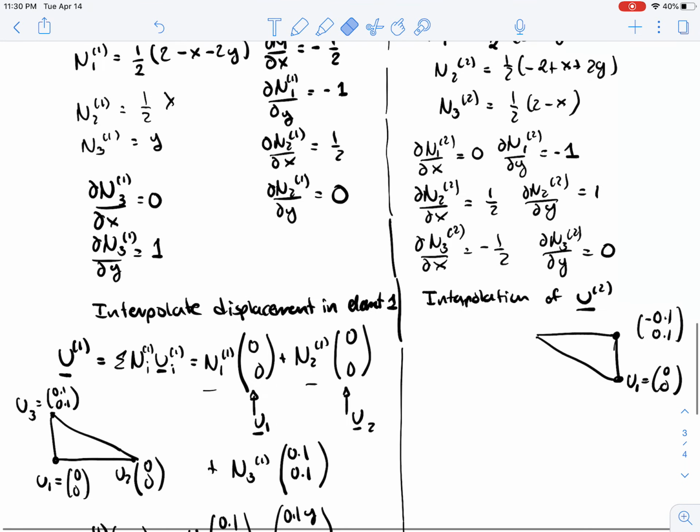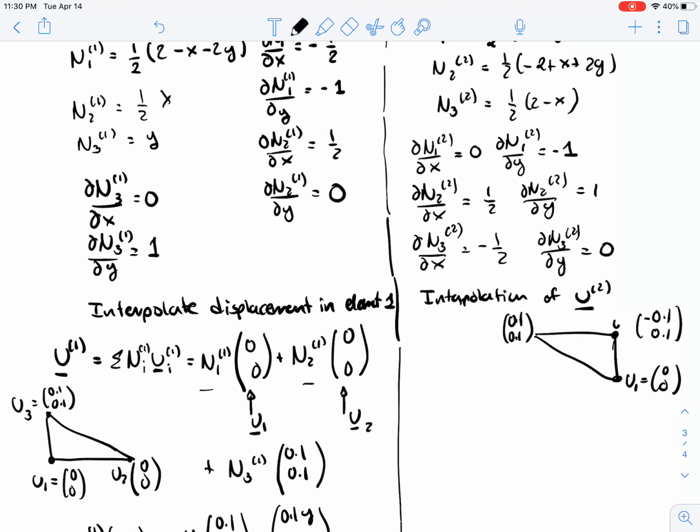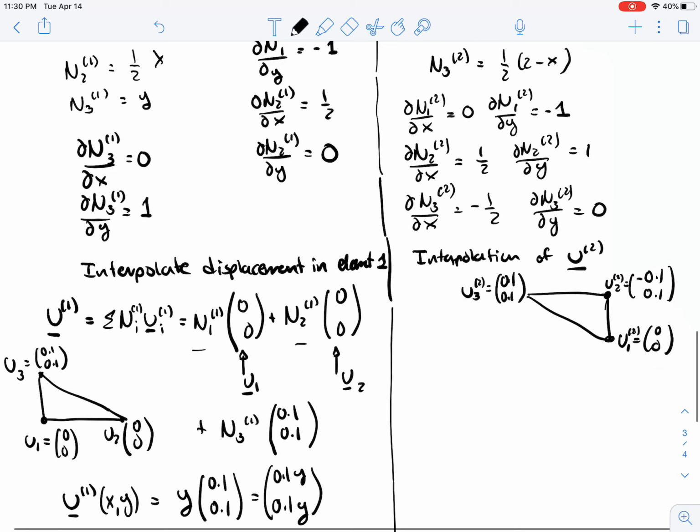Yeah, so this one is global node 3, which has minus 0.1, 0.1. And then the last one is 0.1, 0.1. And this is u2, and this is u3 of element 2.